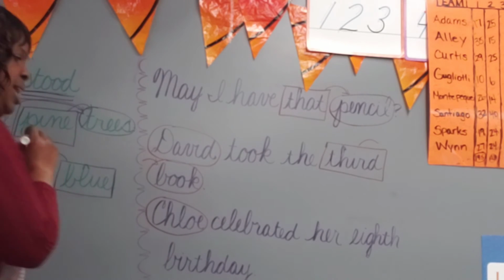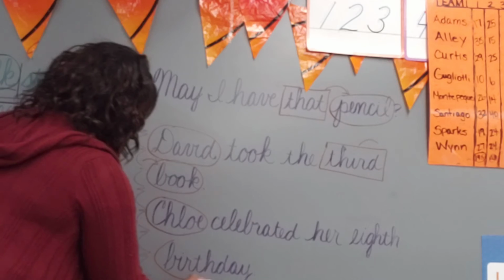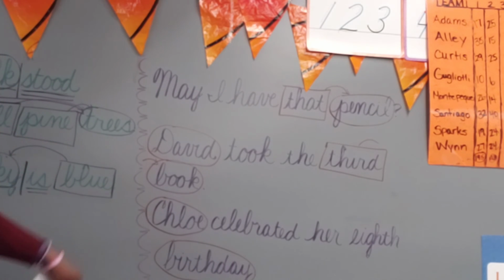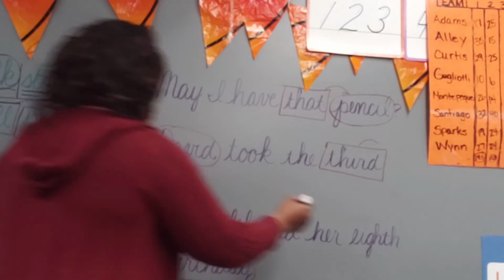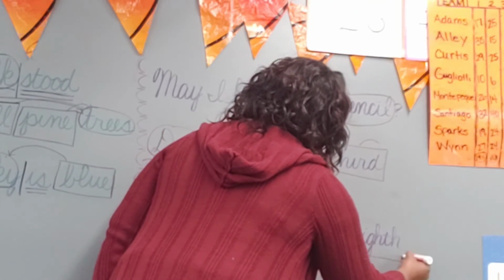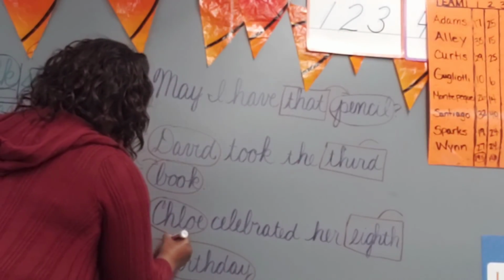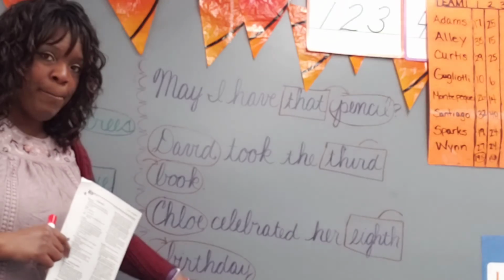And our second noun, birthday, excellent. And then, once we see our nouns, we're going to ask our question, which one today? 8th, very good. Which birthday? 8th birthday. Just like many of you had your 8th birthday or are having your 8th birthday. So 8th is an adjective describing birthday.